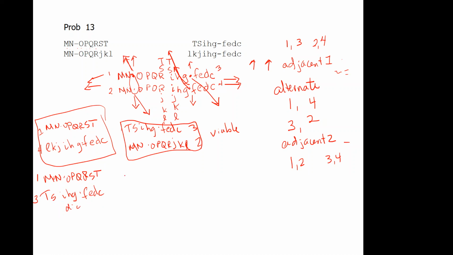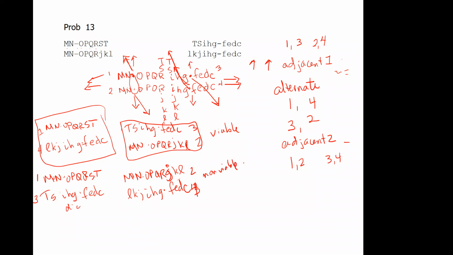And the other pair, you've got this number 2 chromosome, and you've got this one. So in this one, you're missing S and T, and you have 2 copies of JKL. So that's not good. That's chromosome 4. So in both those 2 situations, that's non-viable.